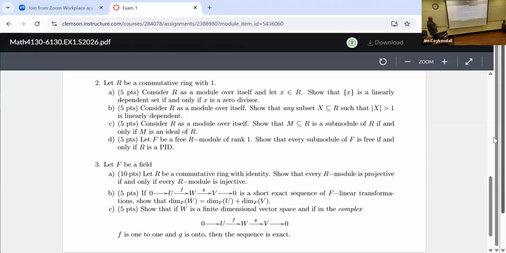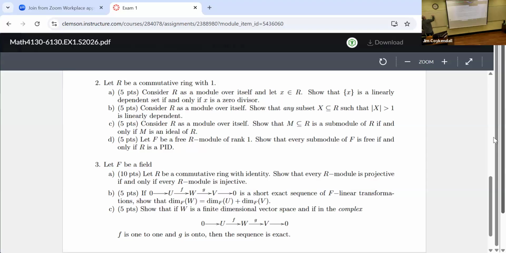Suppose every R module is projective. Almost everybody started with the definition of an injective module and the diagram. Let's do it this way.